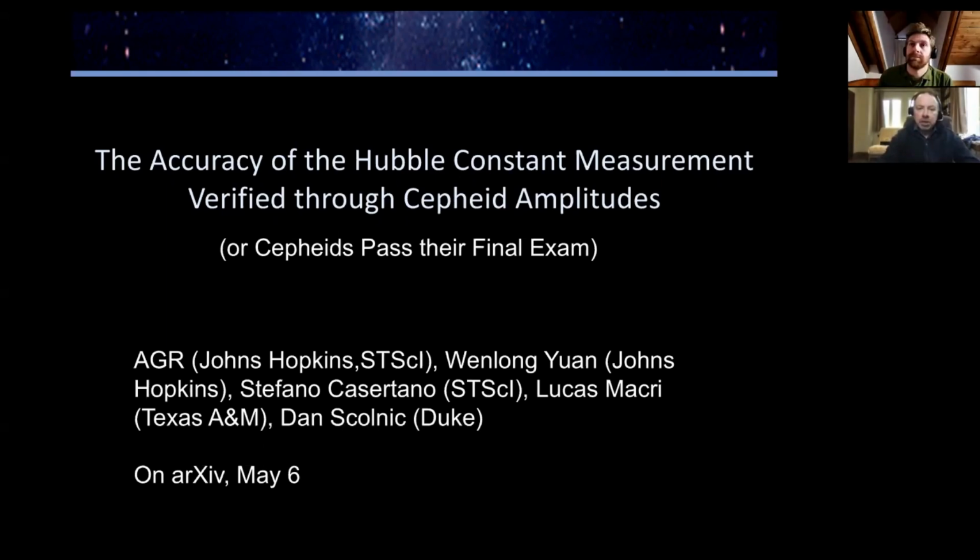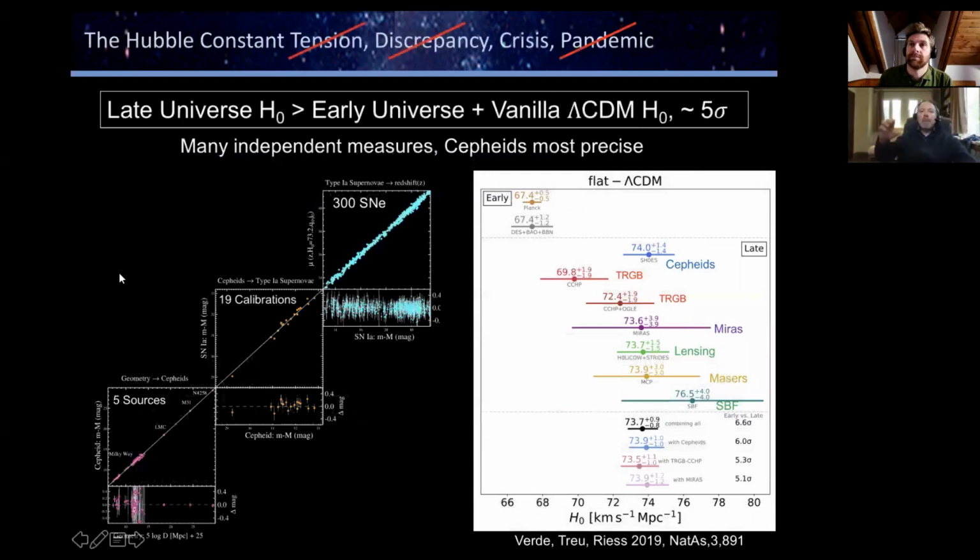So let me go on. The Hubble constant, I don't know what you want to call it: tension, discrepancy, pandemic, crisis. I've watched a few of your previous talks, so I know that you have covered this to some degree, but simply put, the late universe measurements of the expansion rate of the universe, the Hubble constant, are significantly higher than the value you infer from early universe physics, from describing the early plasma of the pre-recombination universe that's used to determine quantities like the sound horizon or the baryon density.